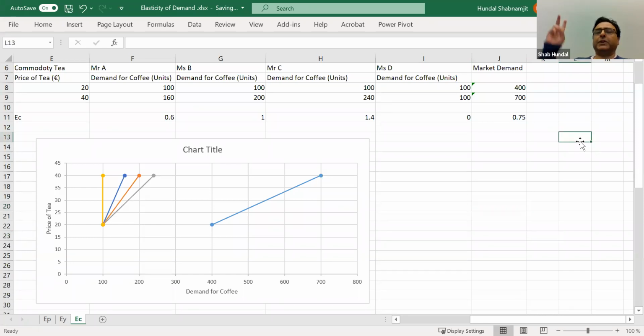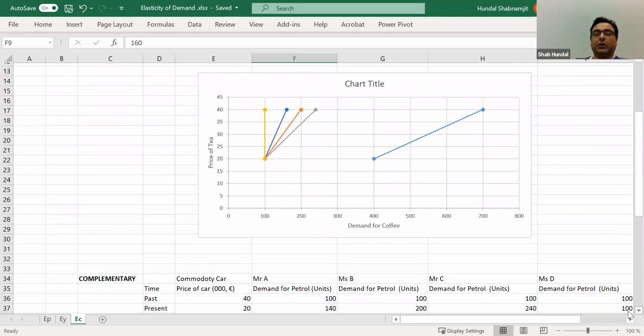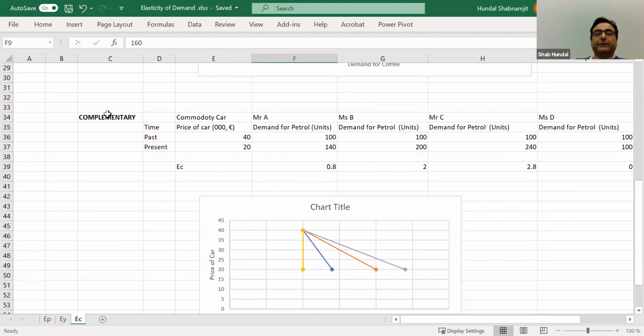And remember, we have two types of cross elasticity. One is substitutes, and the second is complements. For substitutes, when the price of tea increases, the demand for tea will fall. And when the demand for tea falls, the demand for coffee will increase. So these two are substitutes. But then we have another category called complements. What are complementary products? Can somebody tell?